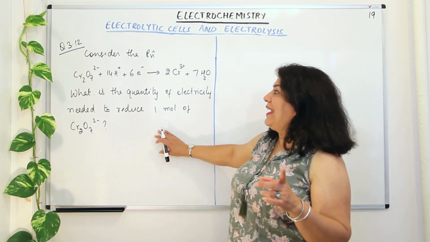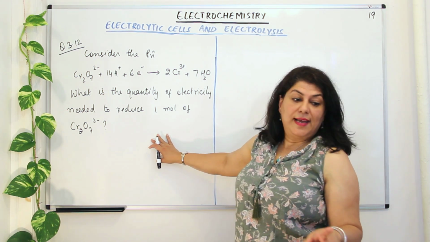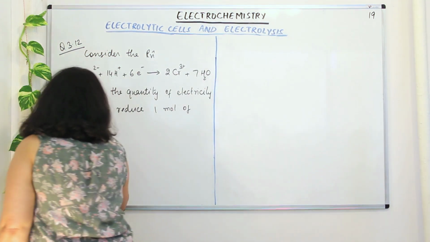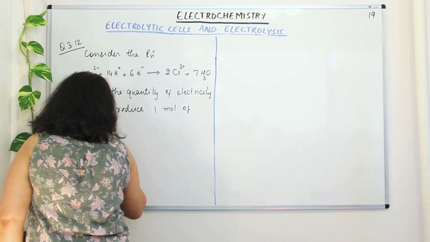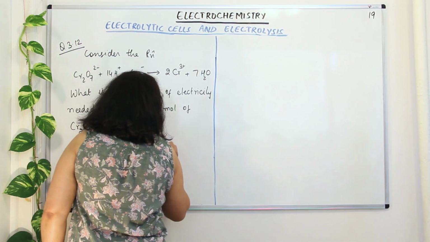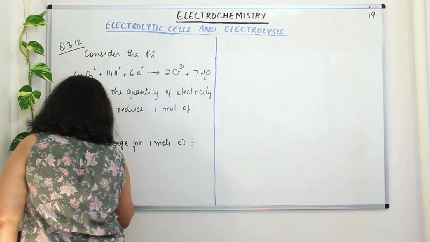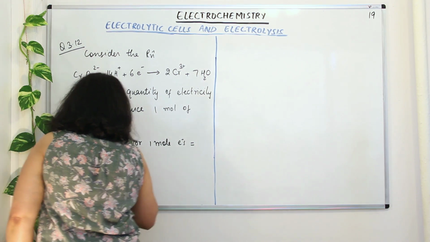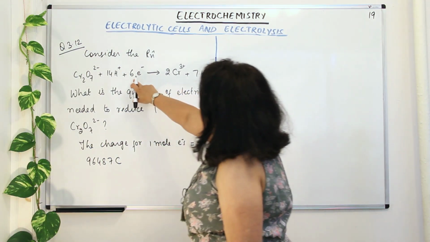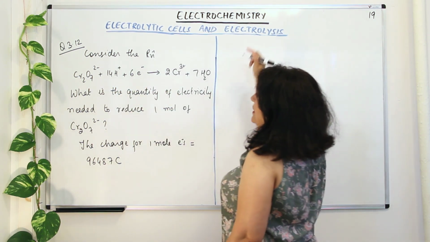So we had calculated that for 1 mole of electrons, the charge is 96487 coulombs, right? And according to this equation, how many moles of electrons would you require for 1 mole of dichromate ion? You will need 6 moles.